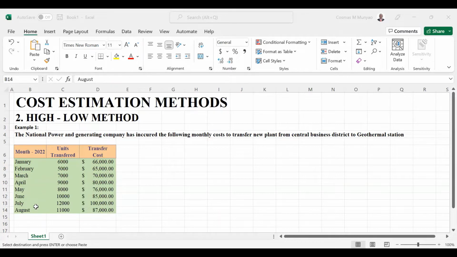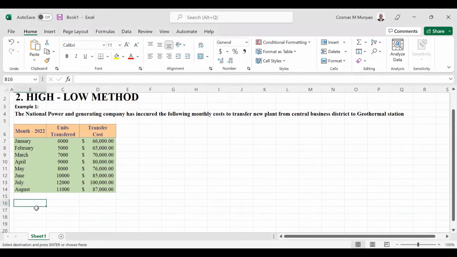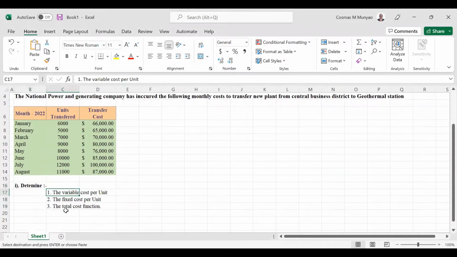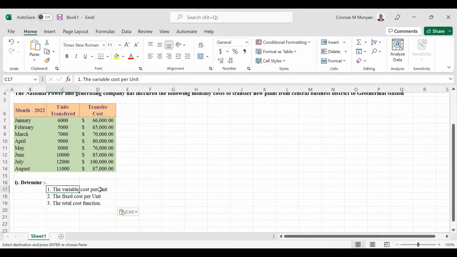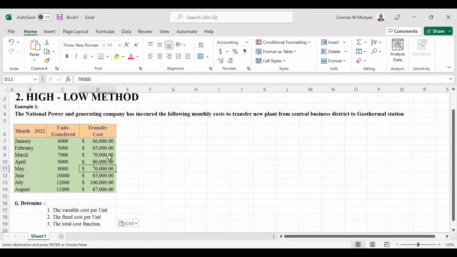Question 1. Determine the variable cost per unit of the transfers, and also determine the fixed cost per unit, and also determine the total cost function.